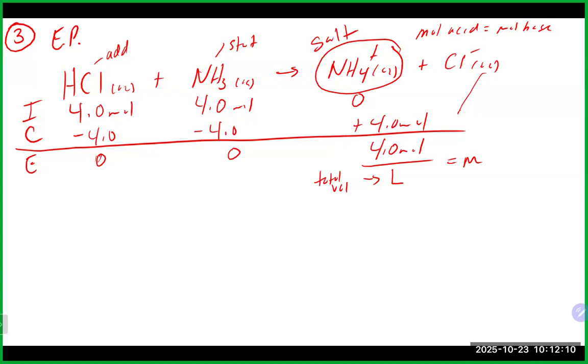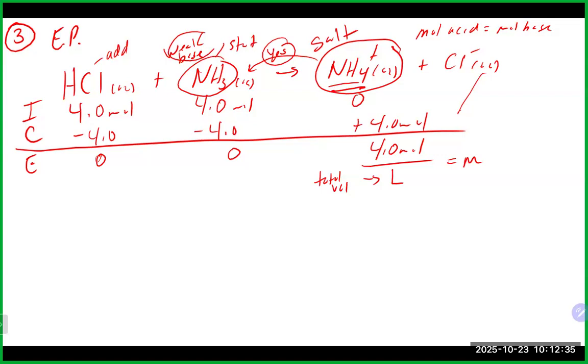So what we have to think about is, will NH4 plus do anything like hydrolysis, since it is a salt? And hopefully you know the answer should be yes, it will, right? Because this came from a weak base, and it will react with water because it's going to be relatively strong and go through hydrolysis.